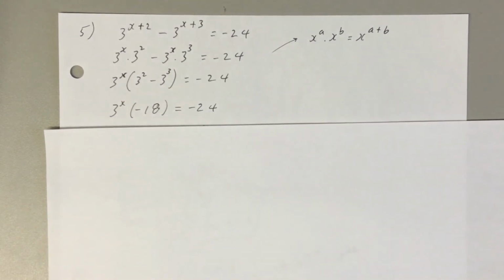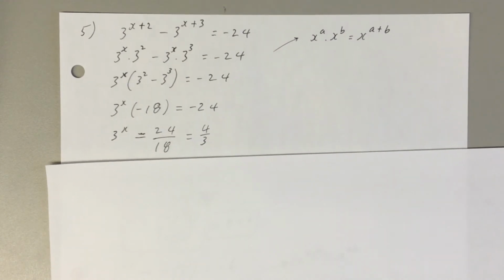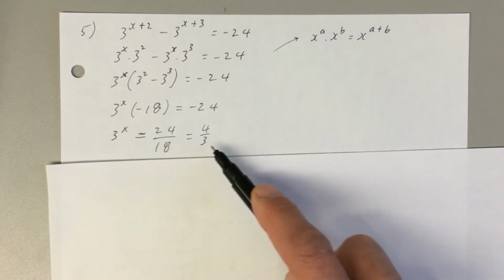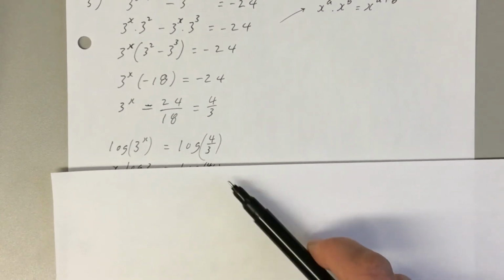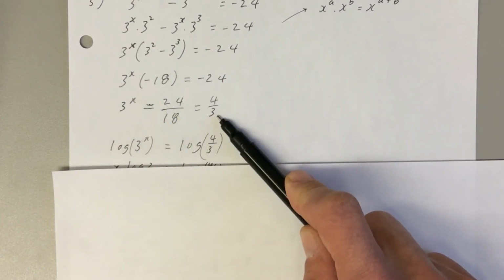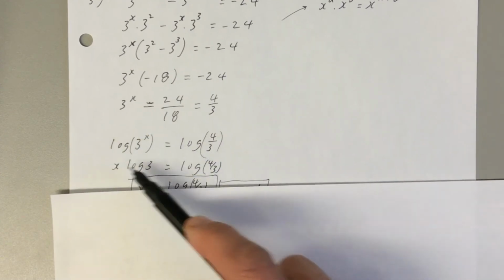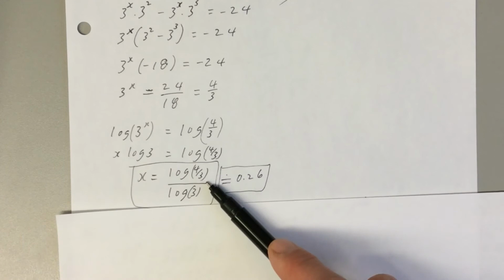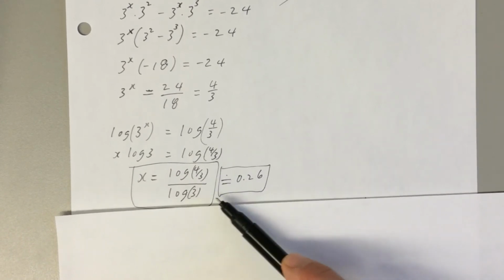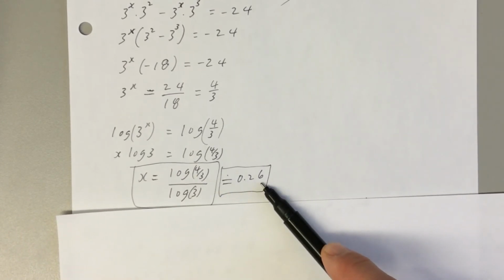Divide both sides by negative 18, and you get 3 to the x equals 4/3. Then you can take the log of both sides, so the x comes down in front, and you get log 4/3 over log 3. This is approximately 0.26. And that's the way of solving that one.